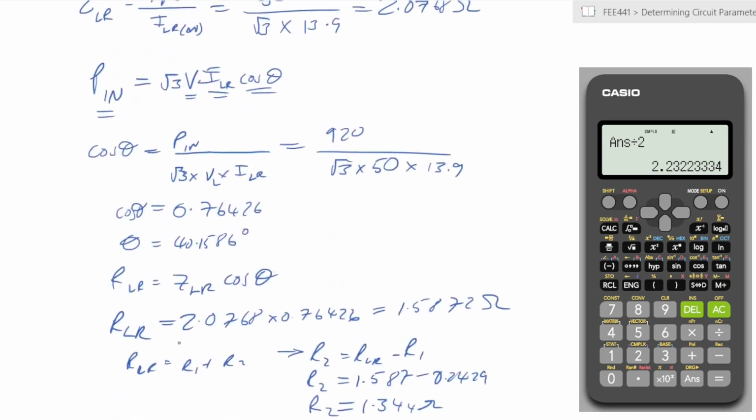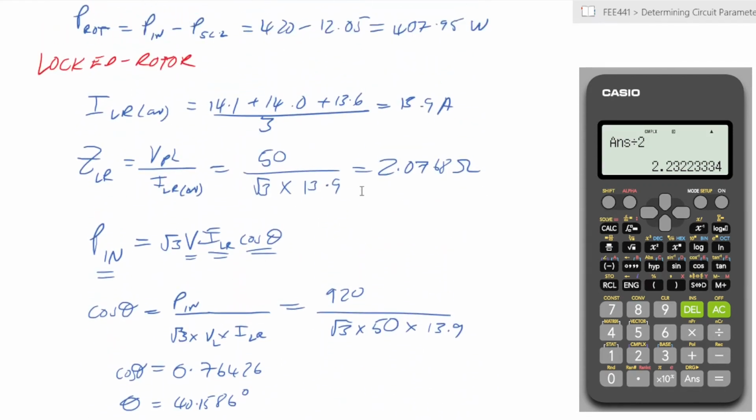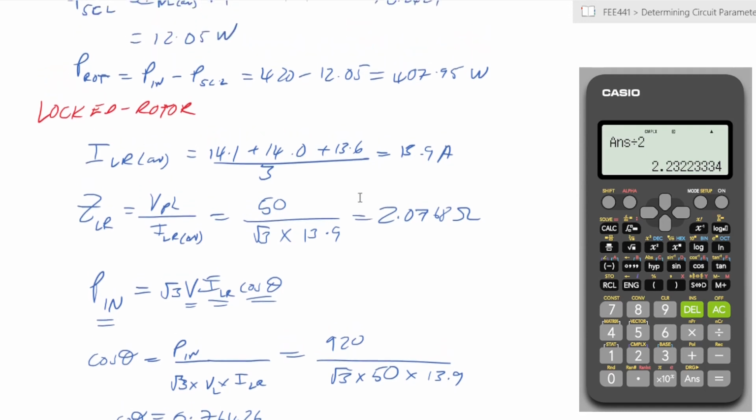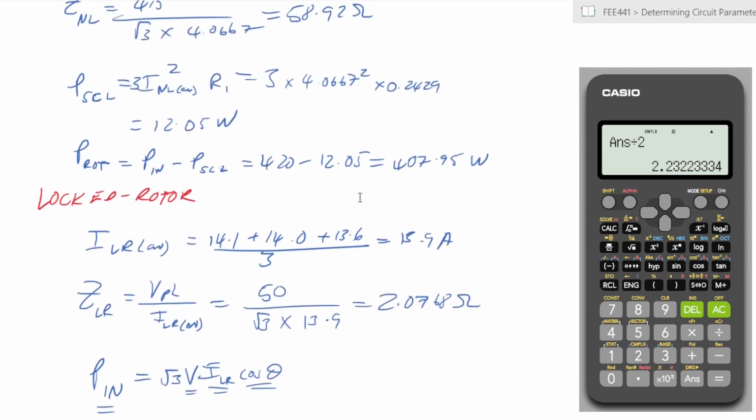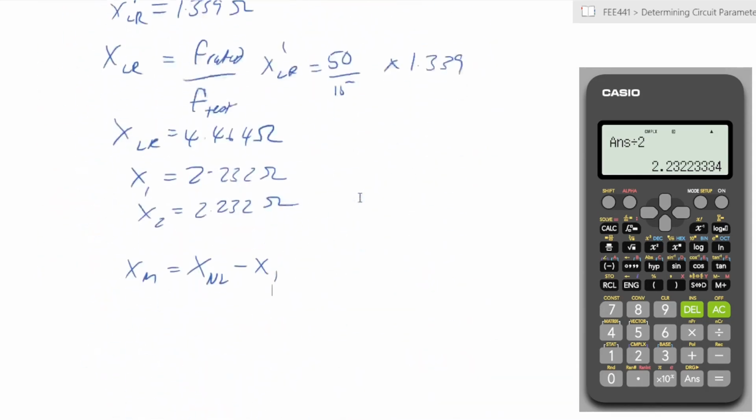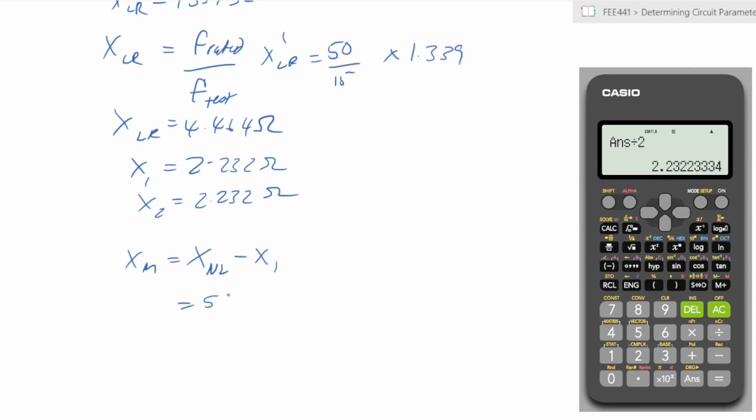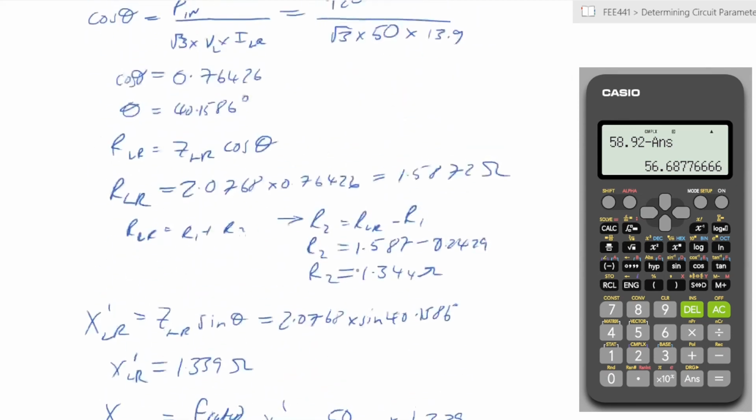And X no load here we knew is 58.92 minus this 2.232 that we've just gotten, which in turn gives us 56.688 ohms.